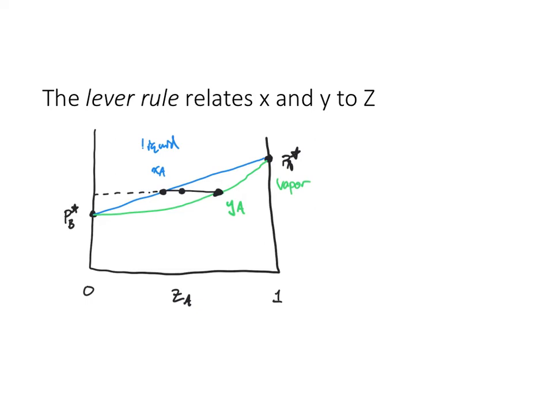And for the sake of argument, let's just say that it's right there. But how do we find exactly where that one is? Before I tell you that, I'm just going to accentuate the fact that XA and YA are different numbers. And remember, this line here is called the tie line, and Z exists somewhere on there.